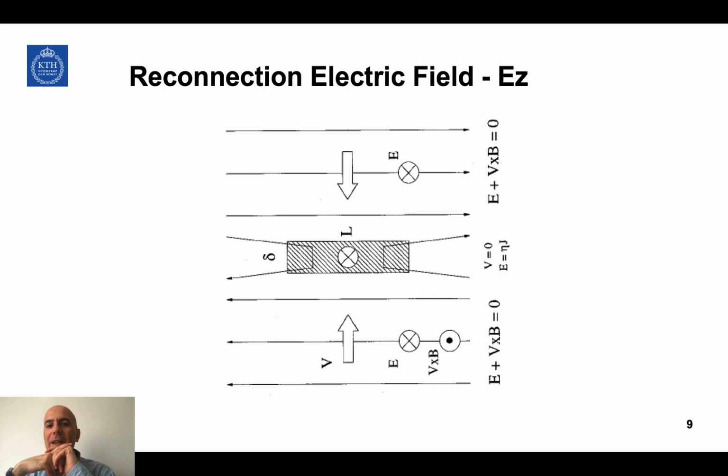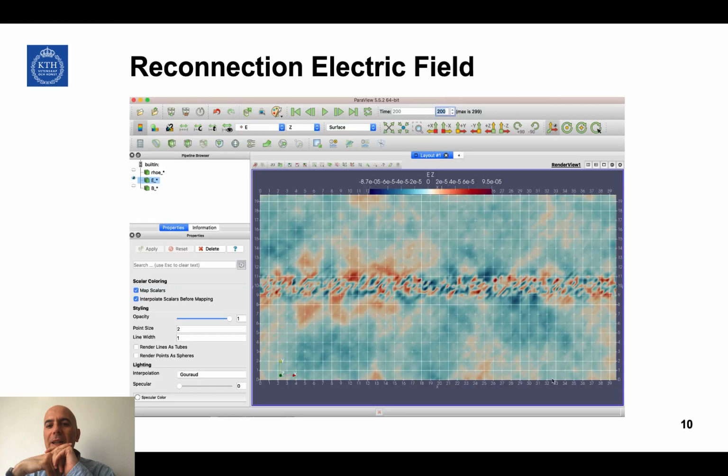So you know that this value normalized to the Alfvén velocity multiplied by c is 0.1. So we can recover this reconnection rate by basically monitoring the value of the electric field here in the middle. So let's look at how this looks in our simulation.